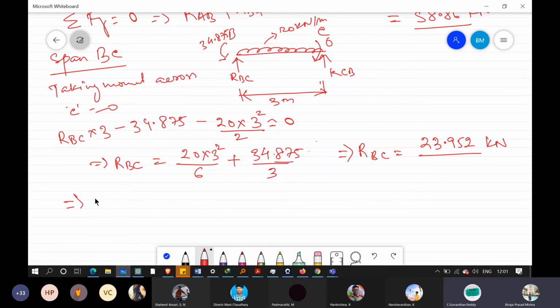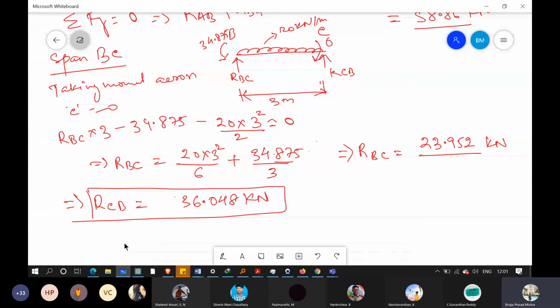So this implies RCB equals to 20 into 3 minus 23.952, that is 36.048 kilonewton.